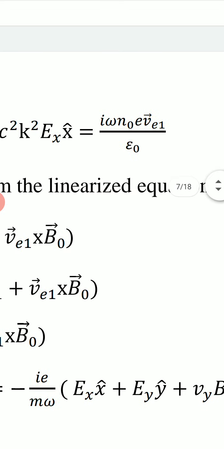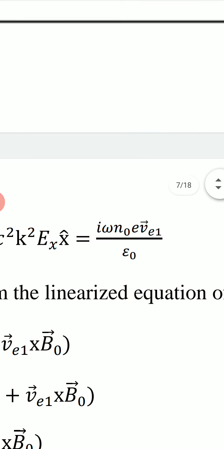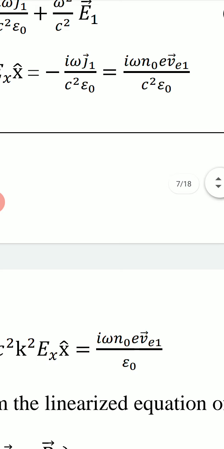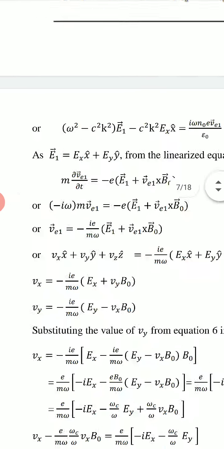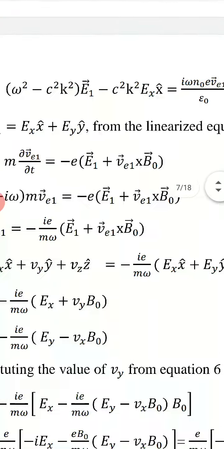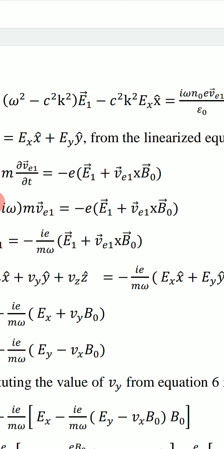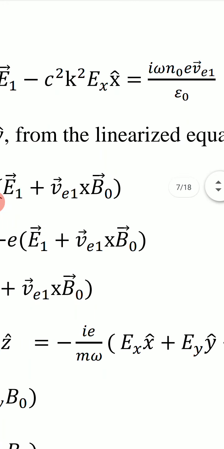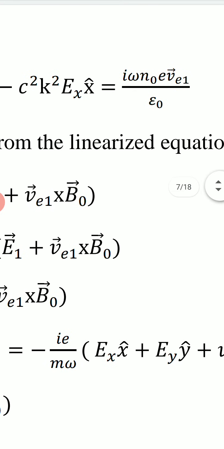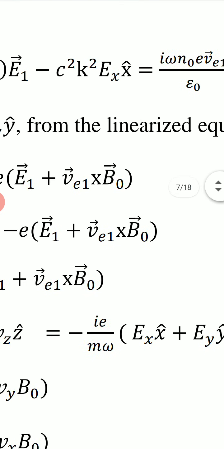And in the right hand side we have i omega n0 e ve1 upon epsilon 0. We have multiplied by c square, so c square is cancelled out here in the denominator. Now we have this relation: omega square minus c square k square into E1 vector, then plus, in place of minus, c square k square ex x cap, equal to i omega n0 e ve1 upon epsilon 0.